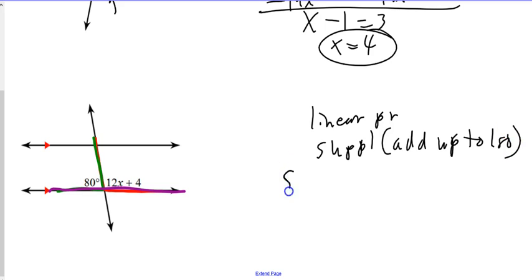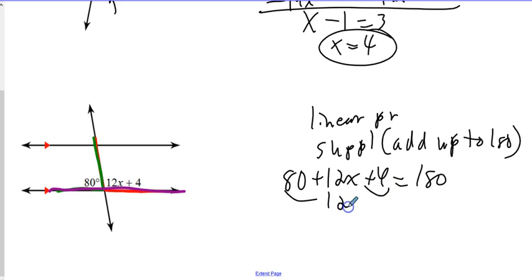So we're going to do that. 80 plus 12x plus 4 equals 180. So, first off, I'm going to combine like terms. 12x plus 84 equals 180.